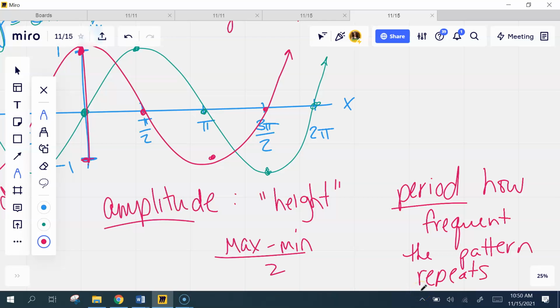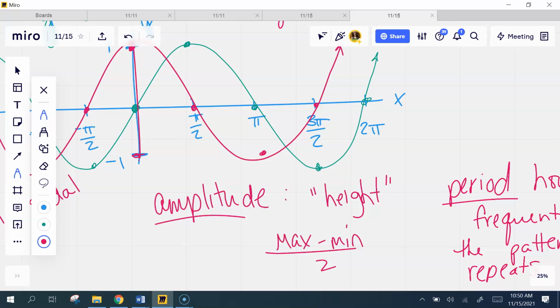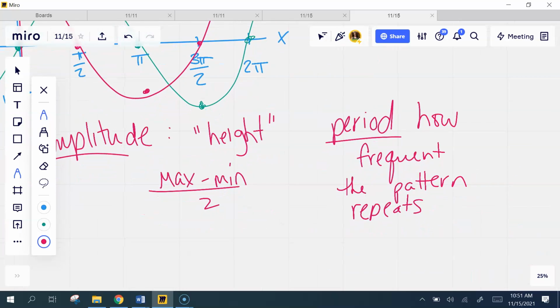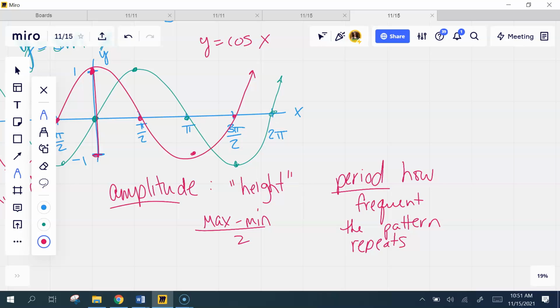So in other words, how long it takes it to do an entire loop, an entire cycle, we'll say. This is not very mathematically correct terminology, but just so that you understand. If I look at the graph of sine or cosine, what is the period? It's always the same on a parent function. How long does it take it to make one complete cycle before it starts repeating? 2 pi. It's always 2 pi for the parent graph.